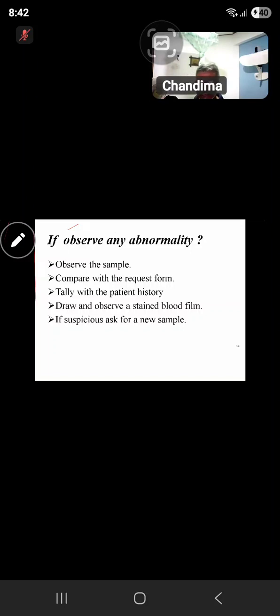But if the patient is an adult, and the WBC count is 10,000, the count is normal. But along with that, the lymphocyte count is around 50%, not 70%. At that time, what is going to happen?